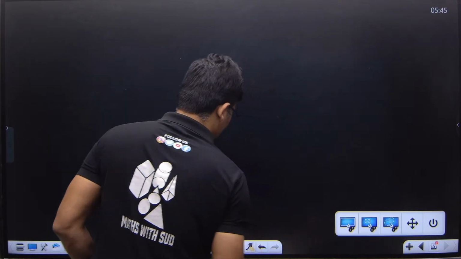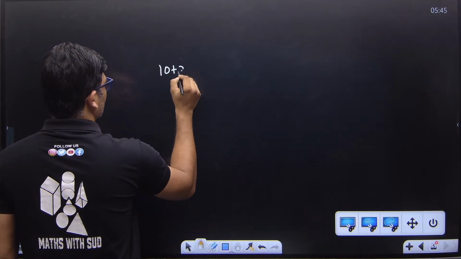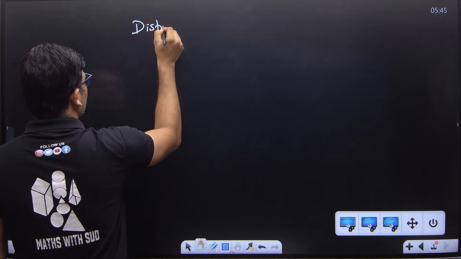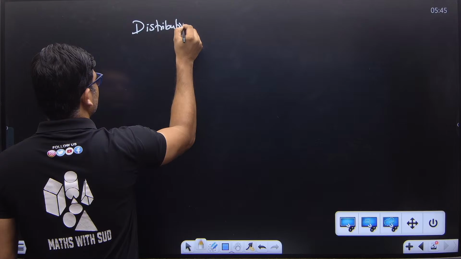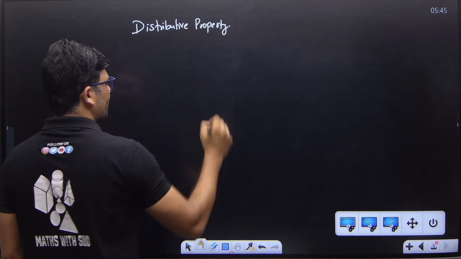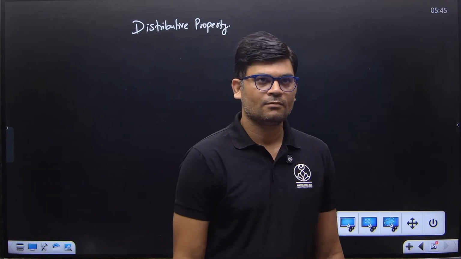Suppose I ask you about 10 plus 2. You know about this property, the distributive property? What is the distributive property? It's a property where you distribute one number among many.